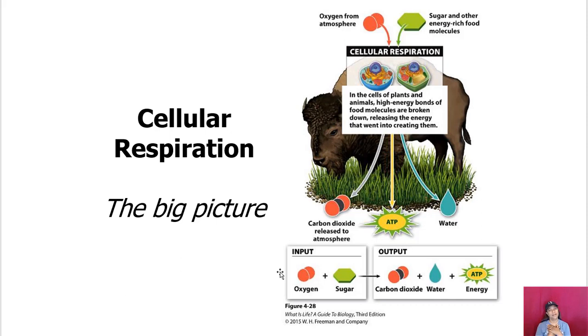We breathe in oxygen, and we eat to get to that sugar molecule, to get to that chemical energy so that we can break it down, and the end product of that breakdown is carbon dioxide, which is what we breathe out, water, which is what we eliminate, and we're getting to that ATP, which is what we need for energy.